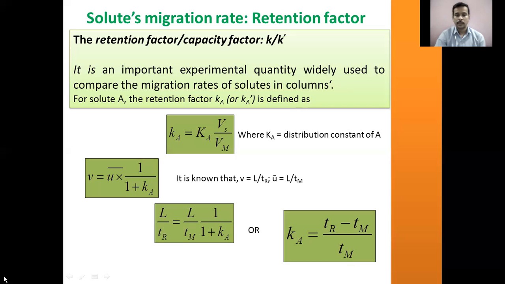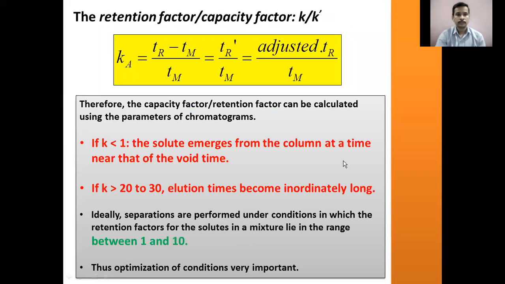These two parameters can be readily obtained from the chromatogram. So if you have the chromatogram, we can easily calculate the capacity factor value, the retention factor for any kind of solute separated by the chromatographic technique. This is a very important expression used to calculate the retention factor or capacity factor for any solute.